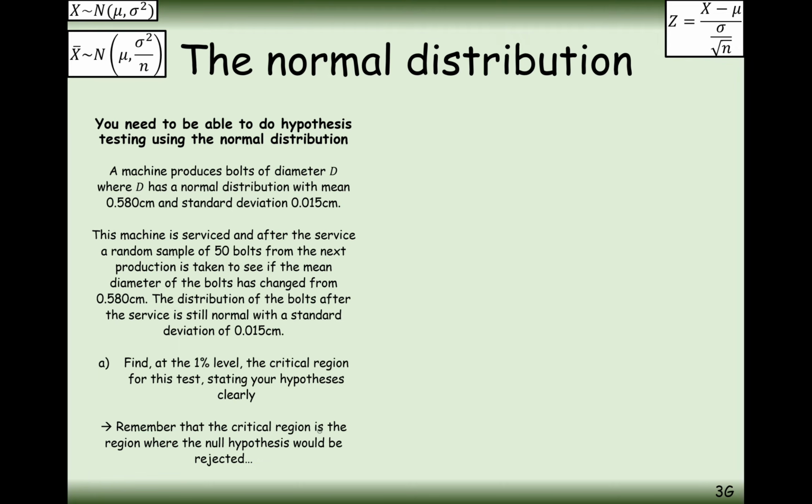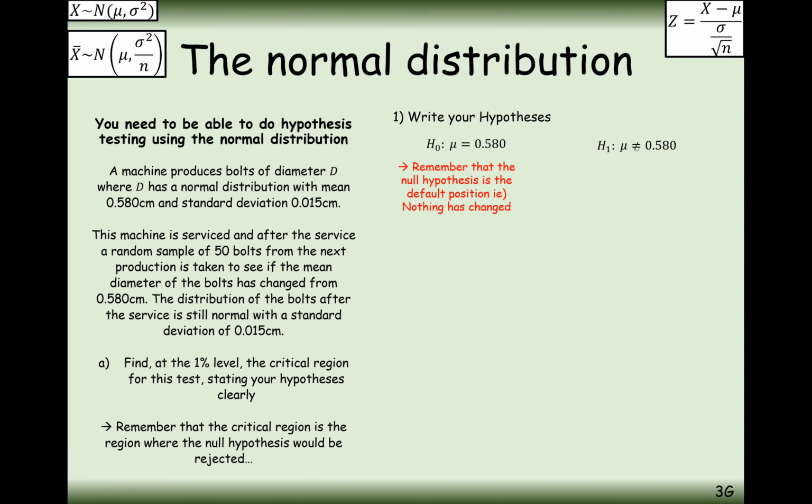So, remember that the critical region is the region where the null hypothesis would be rejected. We would start to be suspicious in that critical region. So, the null hypothesis is always that a mean is equal to something, so in this case the mean will stay at 0.580 after the servicing.